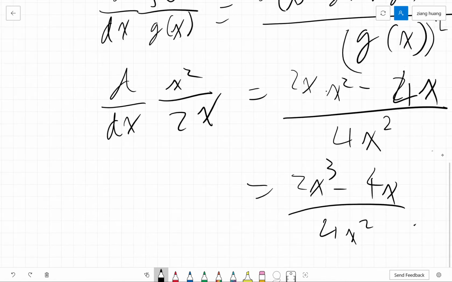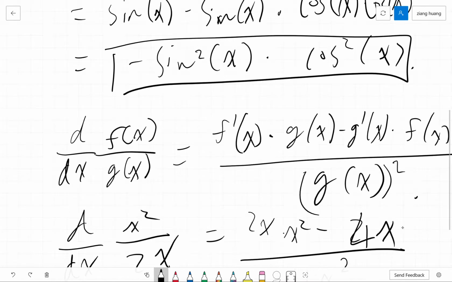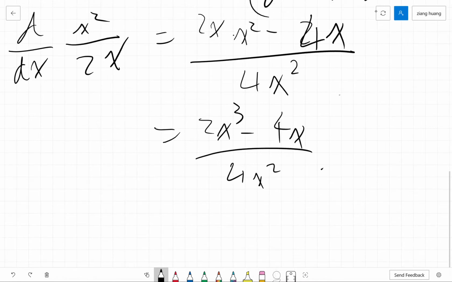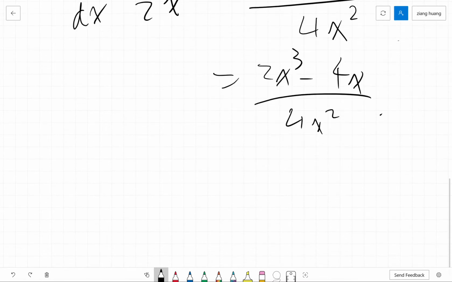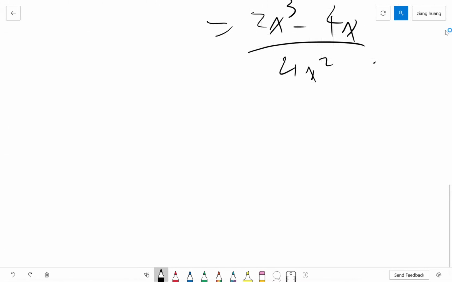And it's quite simple. So now we've covered the quotient rule and the product rule. What comes next? The next rule is a way to differentiate composite functions. And what are composite functions?